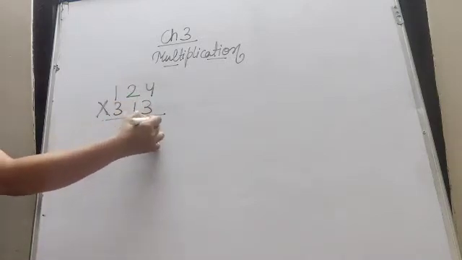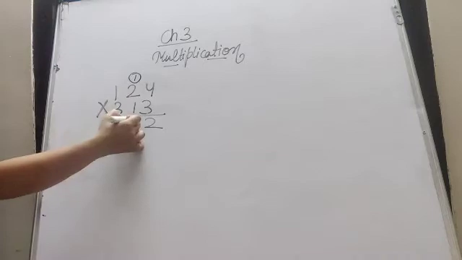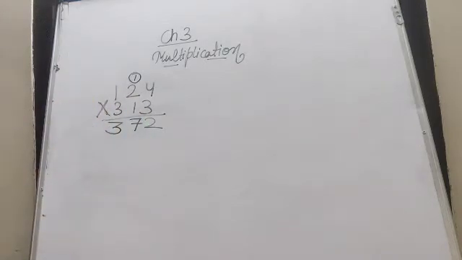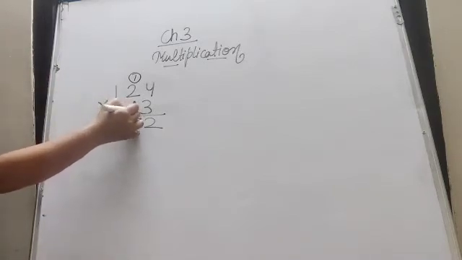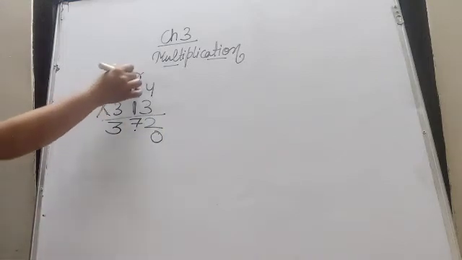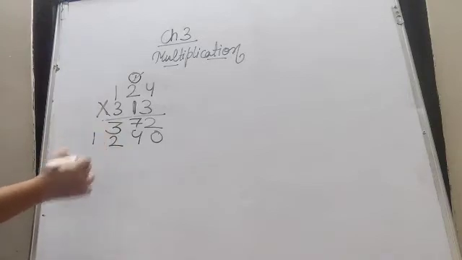3 4s are 12. 3 2s are 6 plus 1, 7. 3 1s are 3. Okay, this 3. Now here tens position. So put here 0. 1 4s are 4, 1 2s are 2, 1 1s are 1.